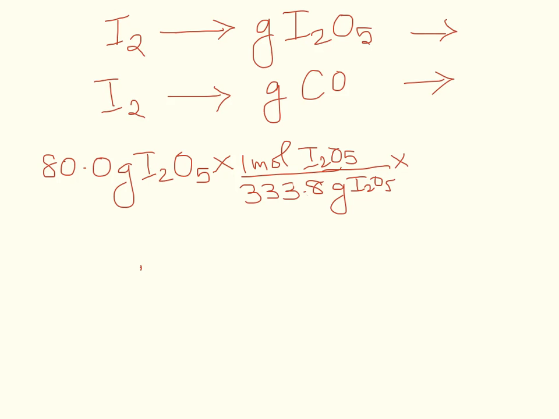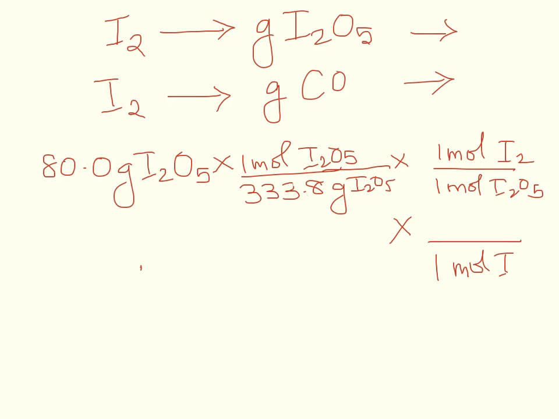From our reaction, we know that every 1 mole of I2O5 produces 1 mole of iodine. We want to know the grams of iodine that is produced, so I will add another conversion factor. 1 mole of iodine has a mass of 253.8 grams. This is the molar mass of iodine.